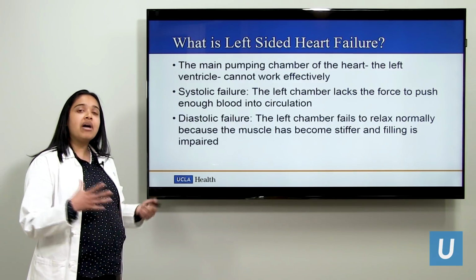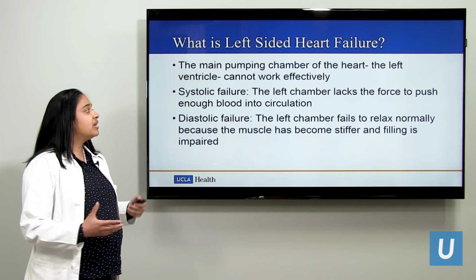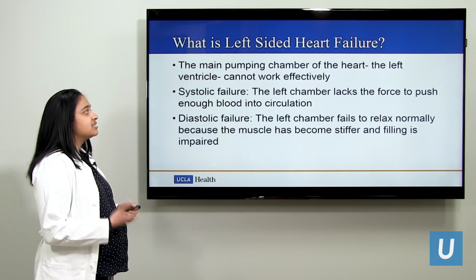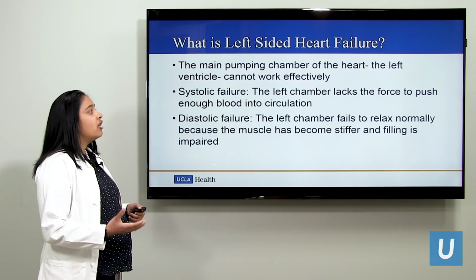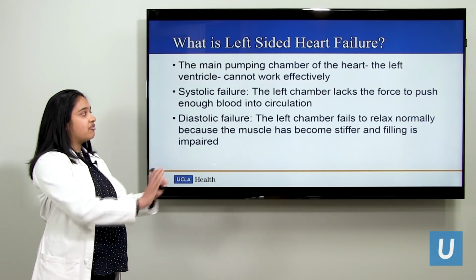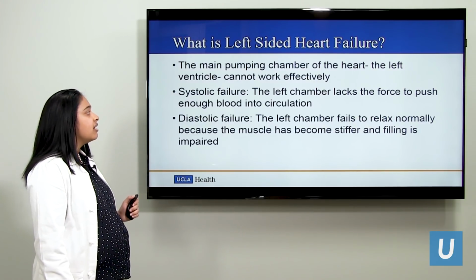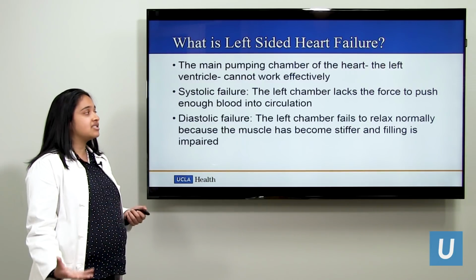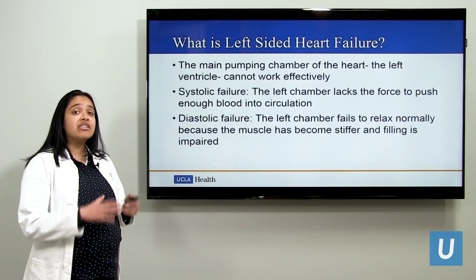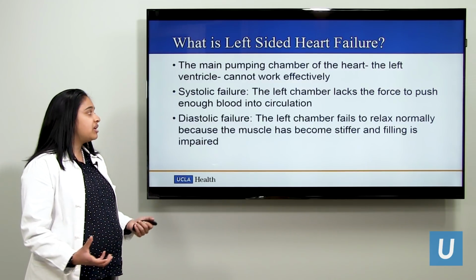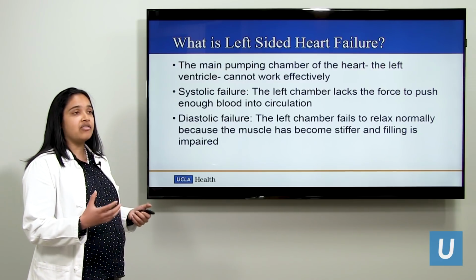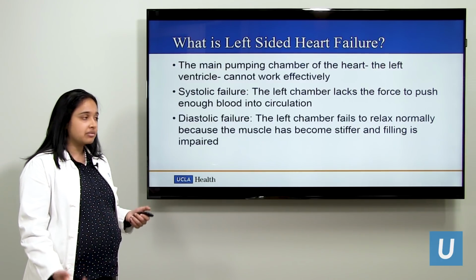And when we think about left-sided heart failure, we define it in really two main categories. One being systolic heart failure, where the left ventricle lacks the force to push enough blood into the circulation. And then we talk about diastolic heart failure, where the left ventricle fails to relax normally because the heart muscle is stiff, and so the filling of the heart chamber is impaired.